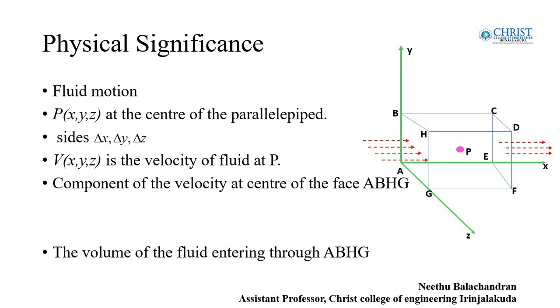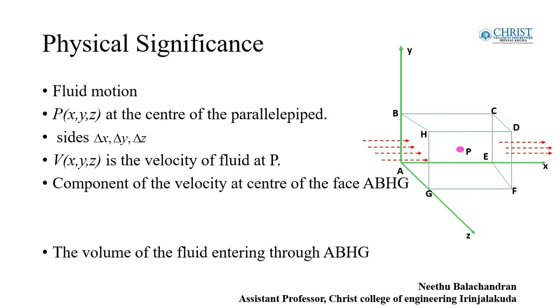Some fluid is flowing through the parallelepiped. The red arrow represents the fluid flow and the fluid flows out, so this is the inflow and this is the outflow. When a fluid is entering, it is a negative value. When a fluid is leaving, it is a positive value.